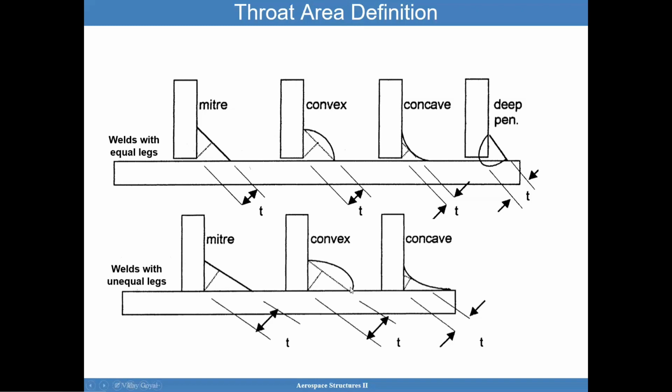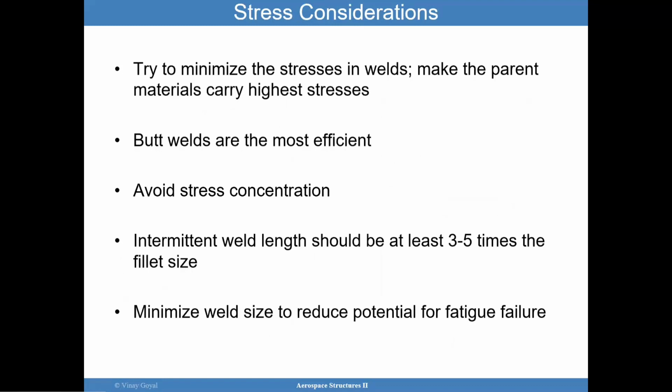If you have a convex situation, draw a point here, and then perpendicular to this plane is what you define as the throat. And if you have a concave situation, draw a tangent, and then select the line perpendicular to it. Basically, you want to be conservative in the throat area definition because that's later used in your weld analysis. Let's talk about stress considerations in welds.